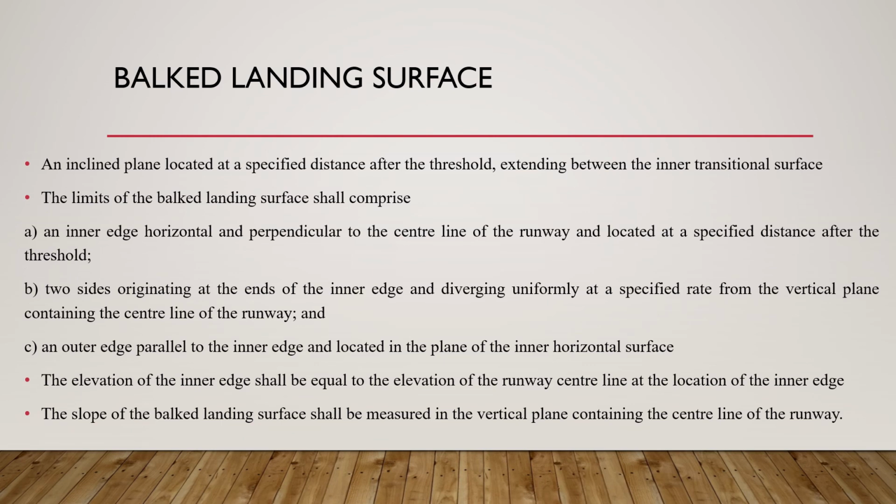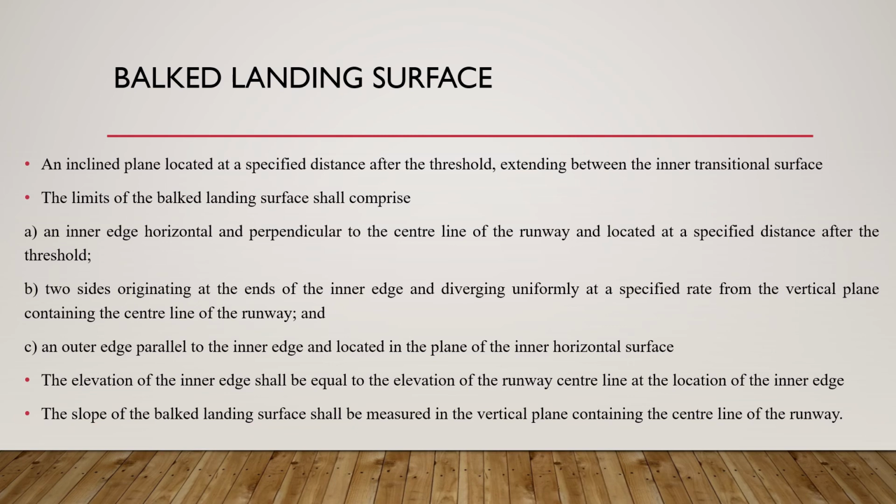But before we learn about balked landing surfaces, we have to know what a balked landing is. A balked landing is a landing in which the landing attempt is cancelled or rejected below the decision altitude of that particular runway. We all know for precision approach runways, we associate runways based on the categories, and there is a value of decision height which is fixed.